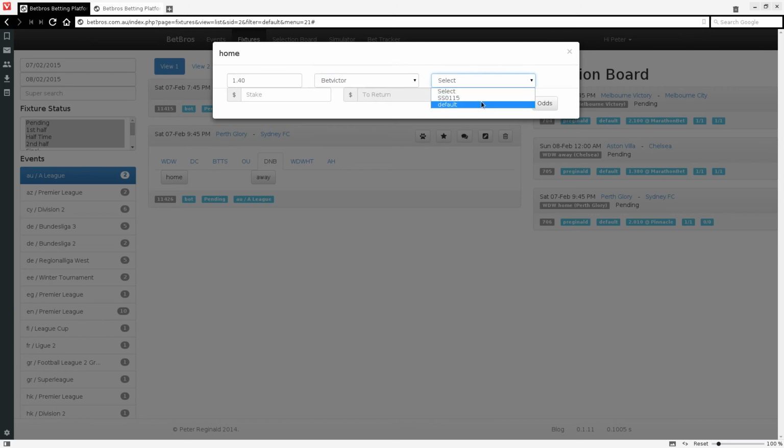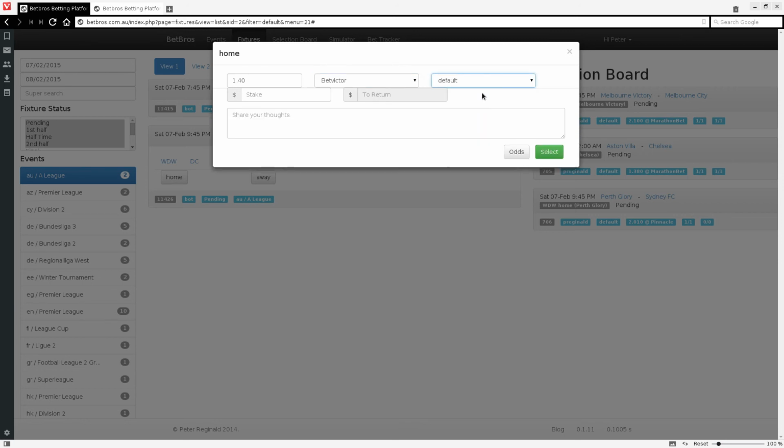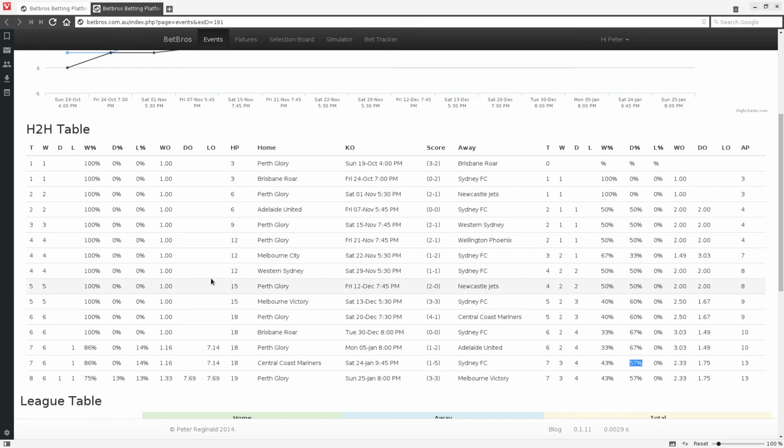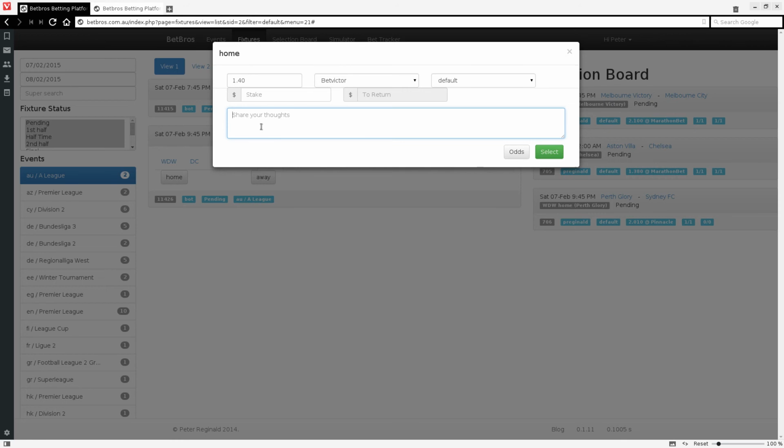This is the label drop down. I haven't defined a label for this particular strategy. I'm not going to stake anything. Now this, I can also say Sydney FC has a 57% chance to draw away.